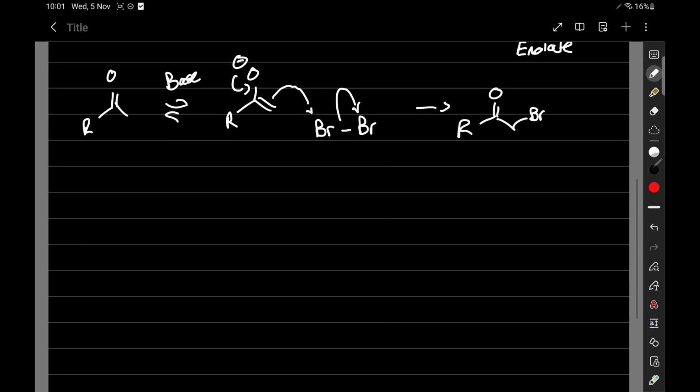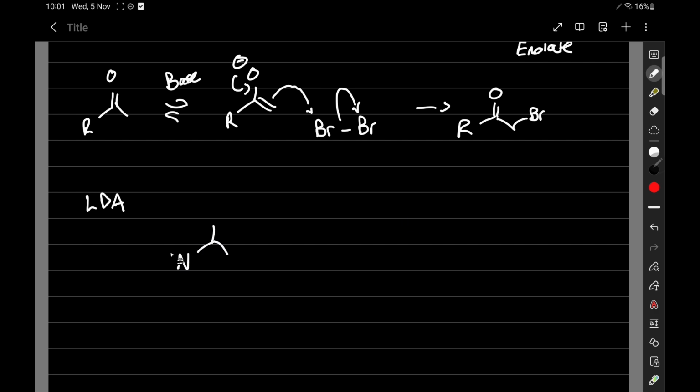Now, the problem with enolates is that in terms of making them, you do have to use quite a strong base. So, depending on the enolate that you want to form, we usually use a base that you may have come across called LDA.